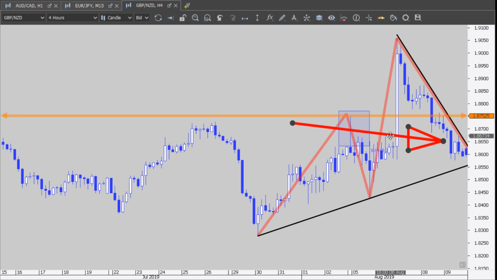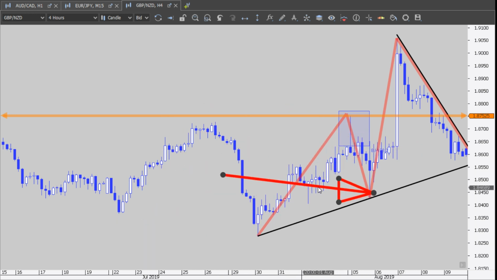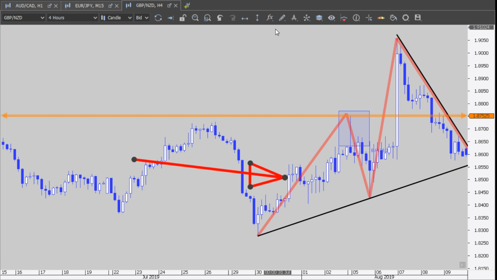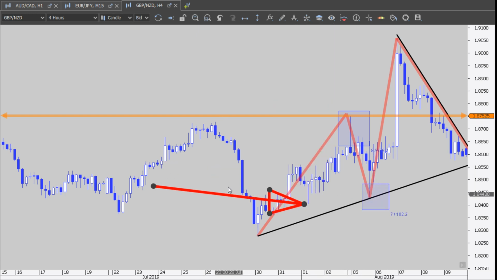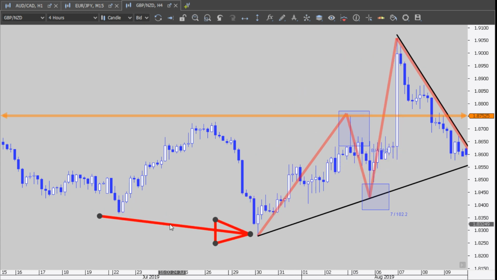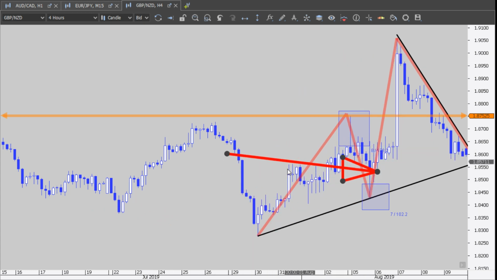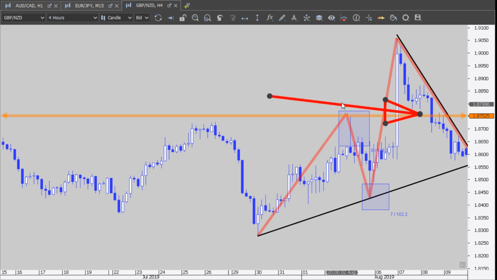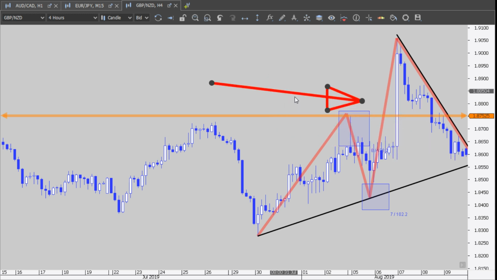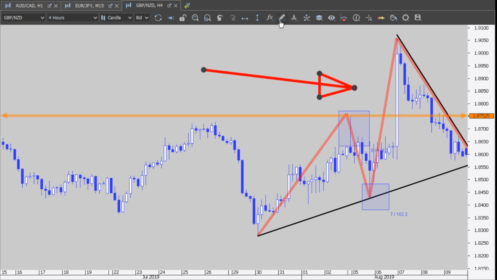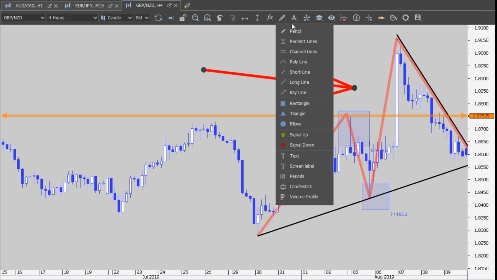But what we learned? We learned about structure. We learned that the market shouldn't break structure low if it's going to continue the uptrend. We learned about the trend lines, and we learned about the stop loss and structure.